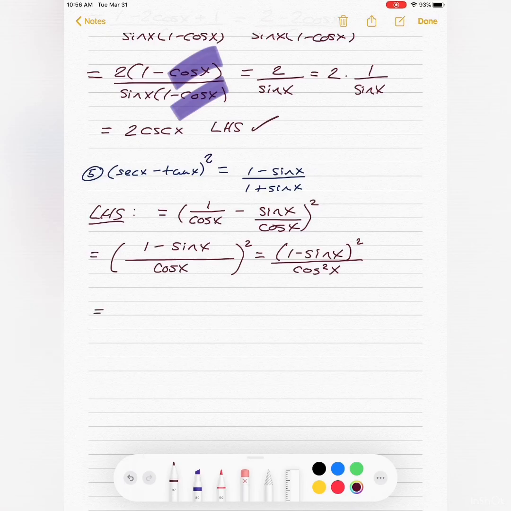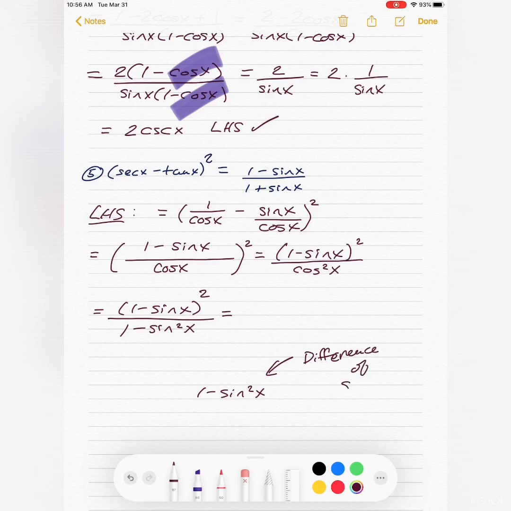So should I leave my numerator as it is for the moment? So 2. Okay, now look at this. 1 minus sine squared. That's a special identity, isn't it? Isn't this called a difference of squares?